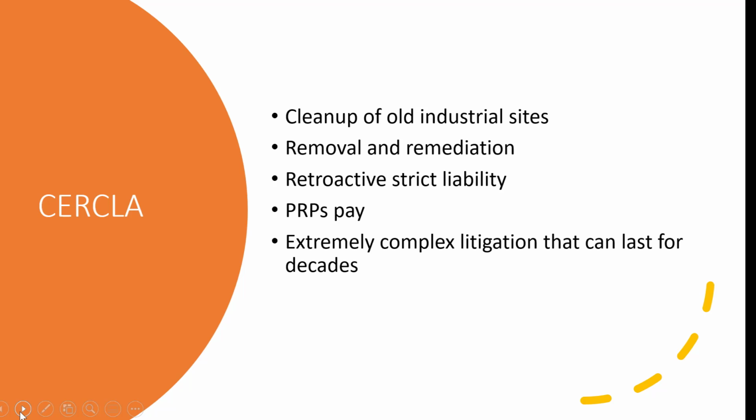One of the problems that CERCLA created, an unintentional problem, is nobody wanted to buy an old industrial site to do anything, because if you were the owner of the site, you were also strictly liable for whatever the cleanup was. So if today, in 2020, I buy the vacant lot down the street, and it turns out that it was a gas station 50 years ago, and the site is all contaminated, I, as the owner, would be responsible for cleaning it up.